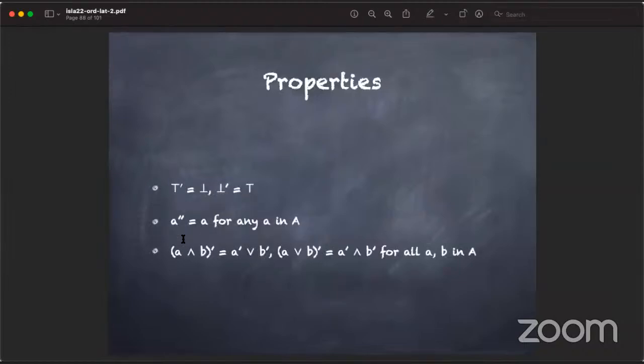Now this is what we famously call De Morgan's law. Prove that the complement of A meet B is nothing but the complement of A join the complement of B, and dually the complement of A join B is nothing but the complement of A meet the complement of B. Once again, how would you show this?